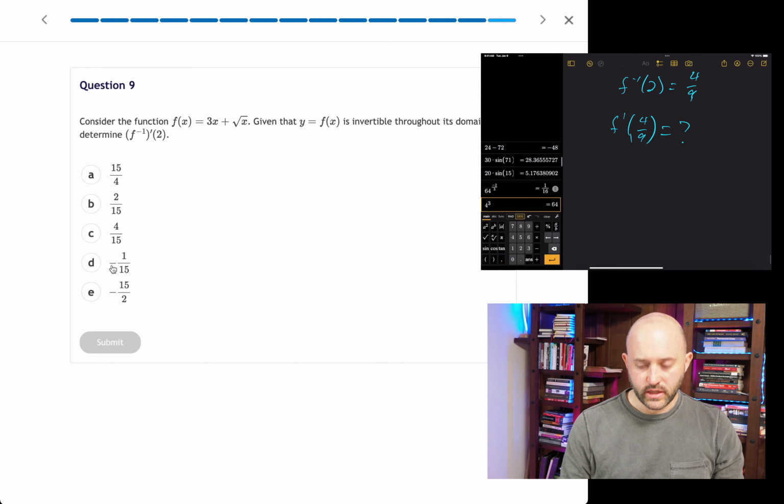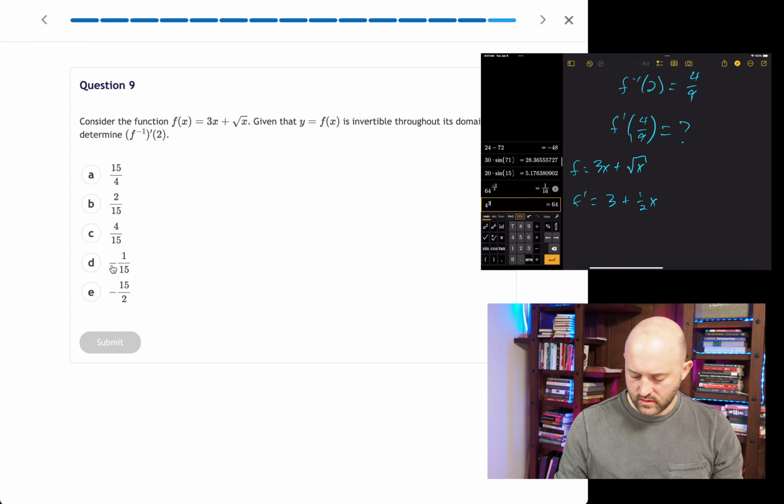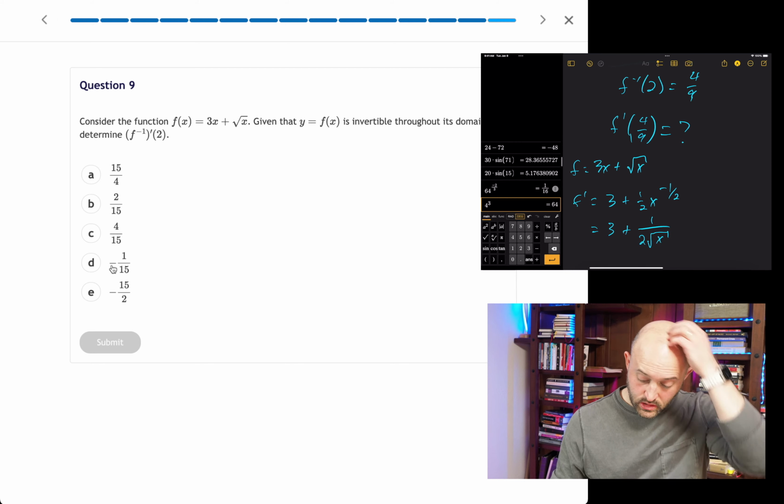So f is, let's do f prime now. 3x plus the square root of x. And f prime would be 3 plus 1/2 x to the minus 1/2. So 1 over 2 times the square root of x. 3 plus this.